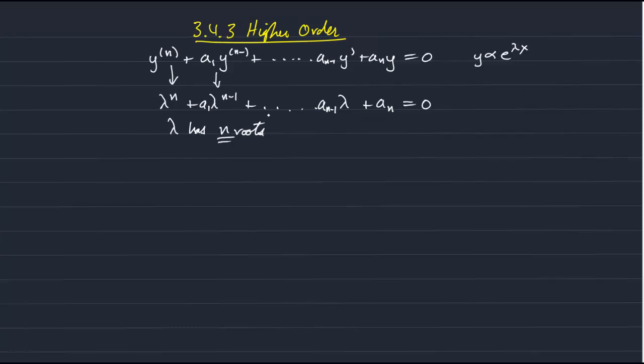And it's possible that the n roots will give the n linearly independent solutions that make up the general solution. That is C1 e to the lambda 1x plus C2 e to the lambda 2x all the way down to Cn e to the lambda n x.